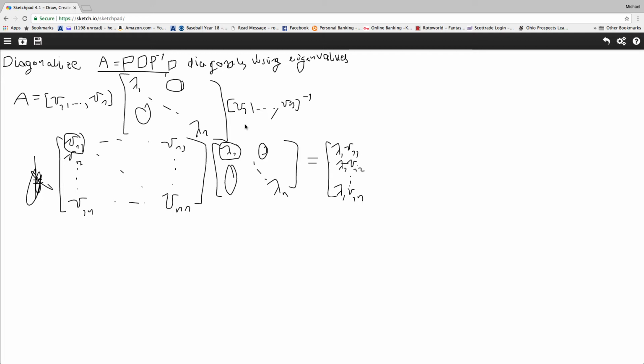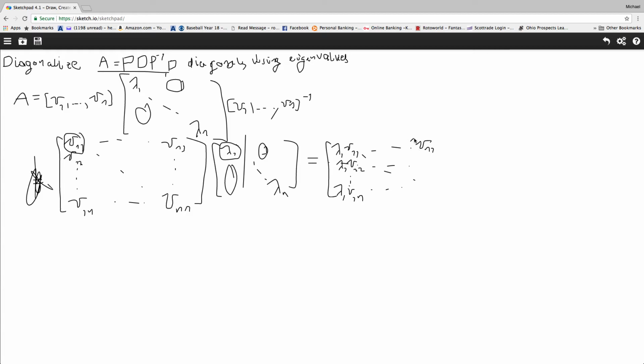Now let's focus on the next row, which is not seen, but you can imagine it. It'd be lambda 2 times all of the components of your second eigenvector, and the same all the way down until you'll get Vn1, because you're going across here, and then you're multiplying it by zeros except for lambda n.